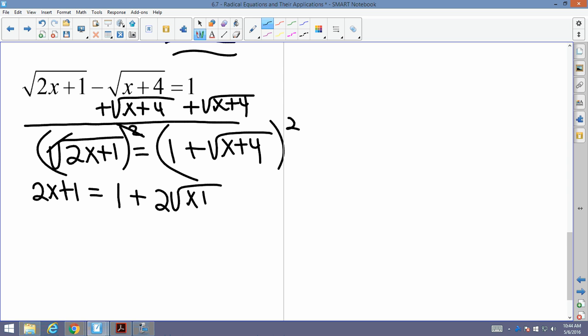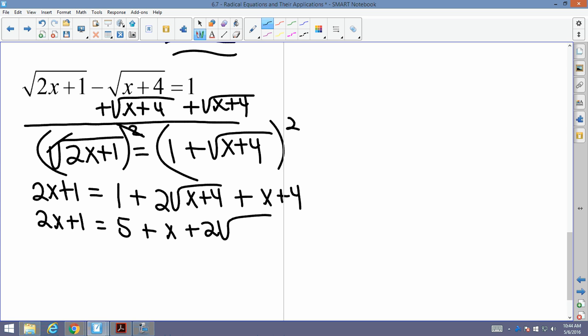Good job, gentlemen. Plus the second term squared. X plus 4. Beautiful. Well done. So this is 2x plus 1 equals 5 plus x plus 2 square root of x plus 4.